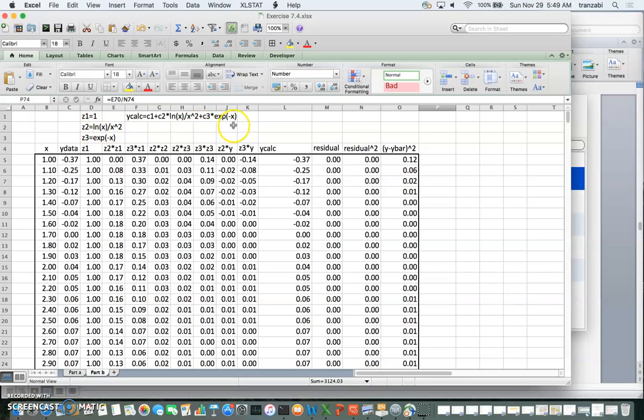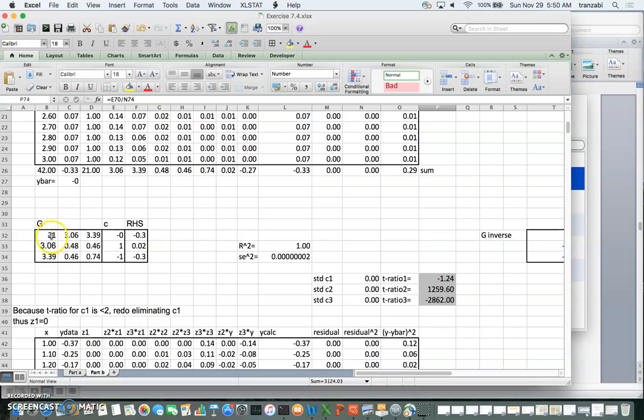And then c3 times the exponential, and this exponential is lumped into z3. Now think of this as we have z1, z2, z3. We follow the G matrix form, which is z1 times z1, z1 z2, z1 z3, and z2 z2, z2 z3, and z3 times z3, basically. And so we can calculate all these elements above the diagonal, as well as the diagonal.